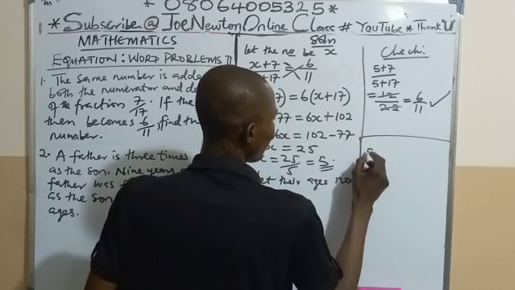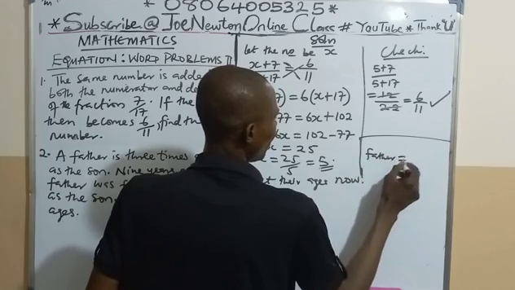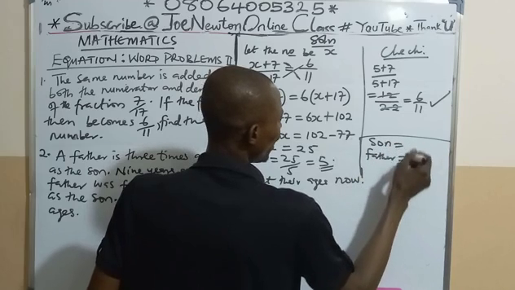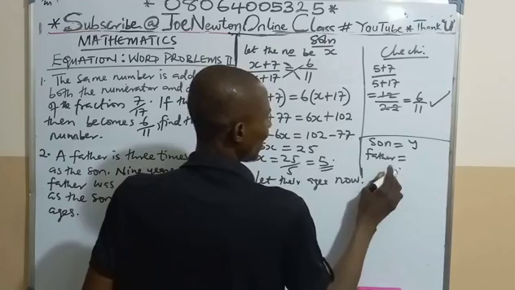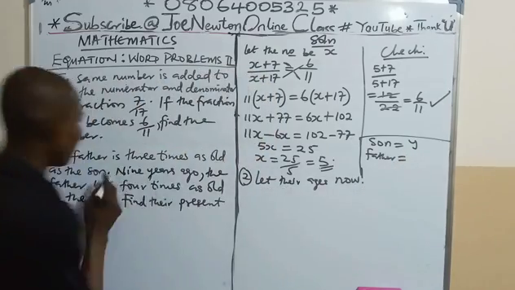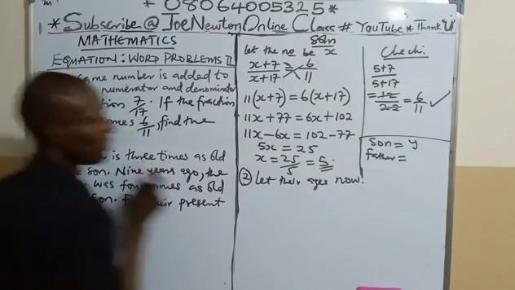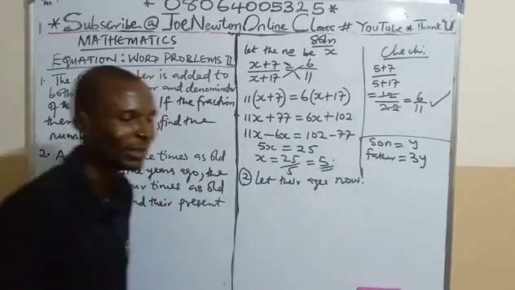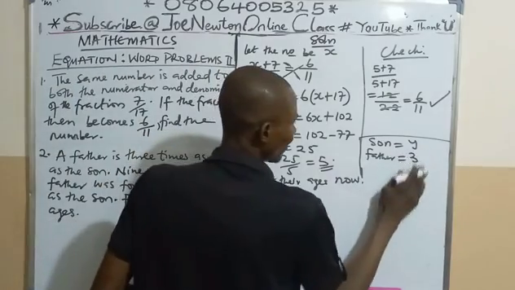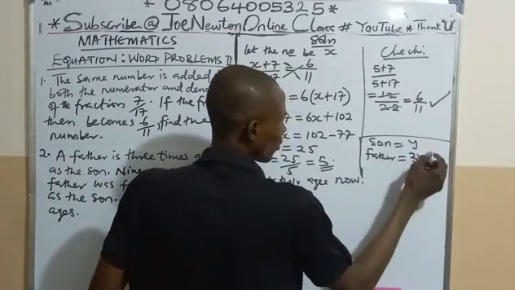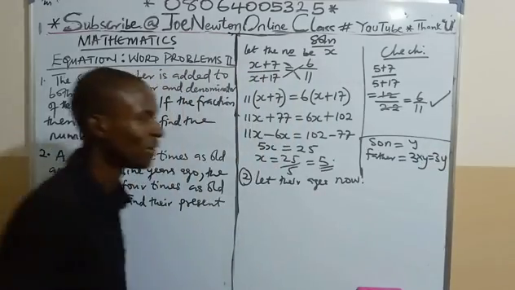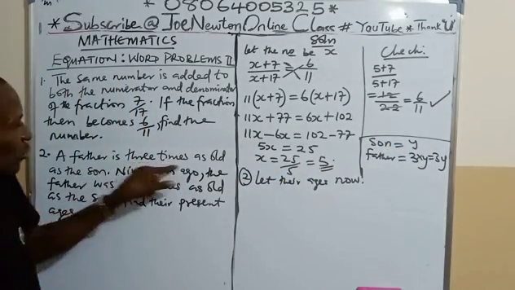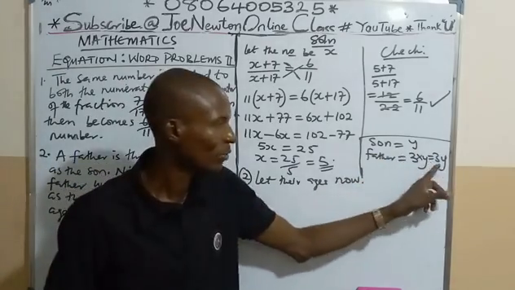Let's take the age of the son now to be y, and that of the father, because they say that the father is 3 times as old as the son, so let the father be 3y, 3 times age of the son. So let these be their present ages. The son's age is y. Then the father's present age is 3 times the son's age, which is 3y.